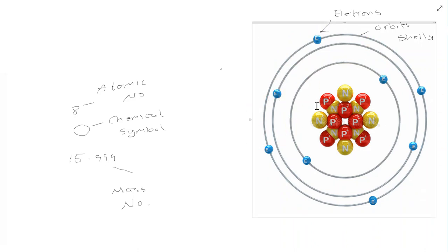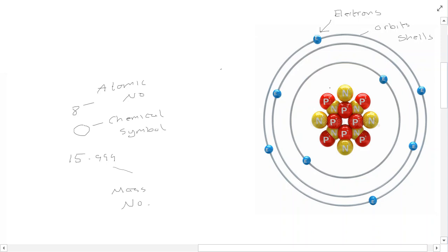If we go into the middle, this whole piece in the middle is what's known as the nucleus of the atom. Now, within the nucleus you have these red guys, which are known as protons.